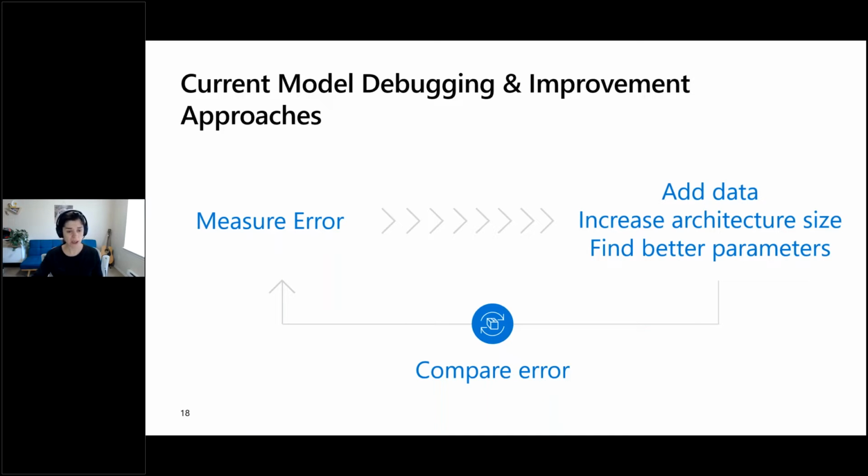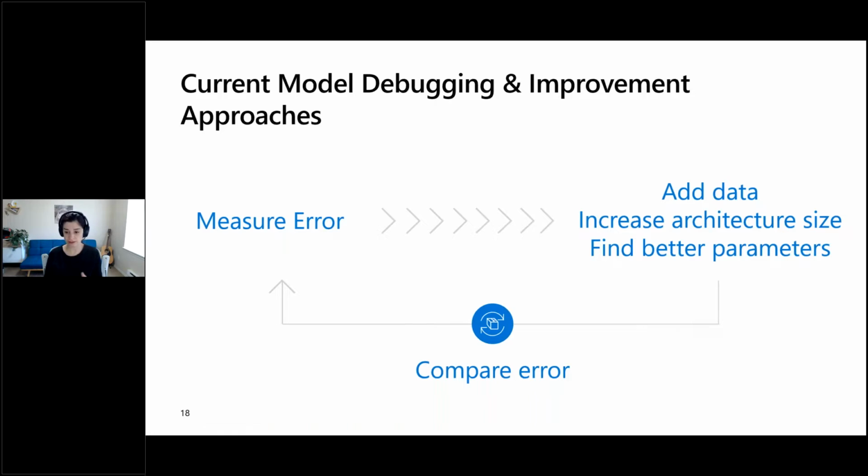So very often today, what happens is that we train a model with data and perhaps with a certain architecture that we think is best for that data. We measure the error, and then we see, for example, whether we're happy with that error.